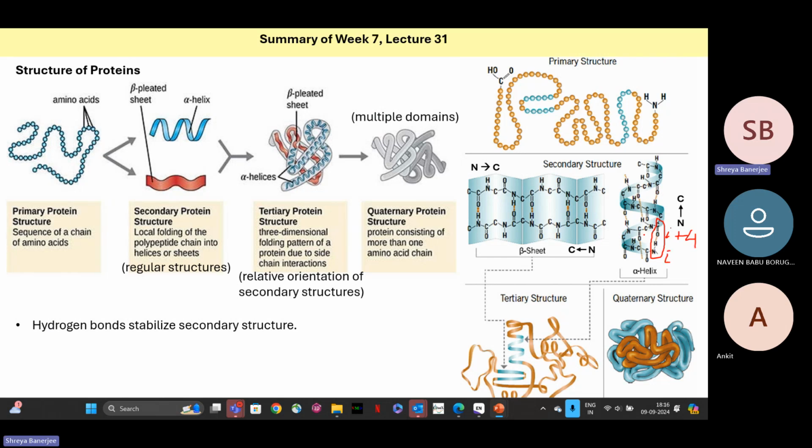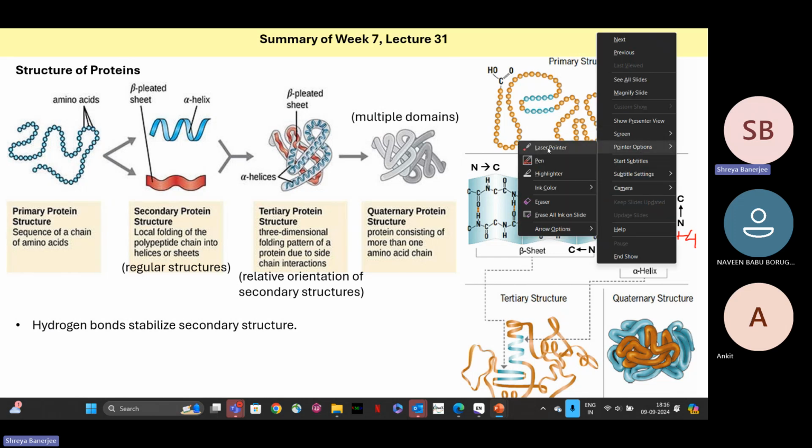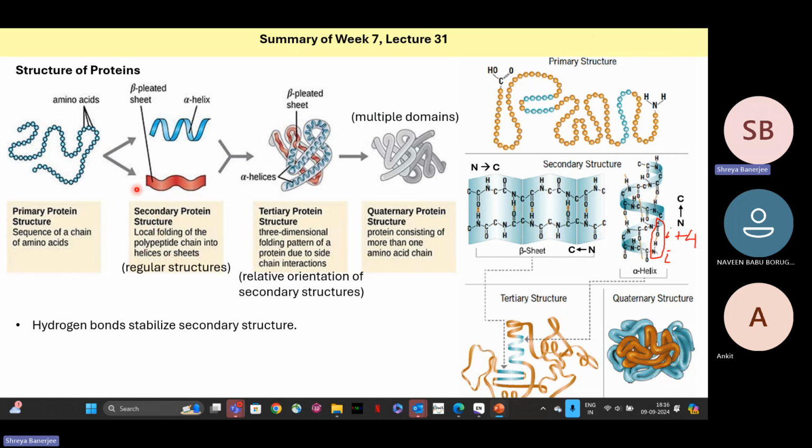This kind of repeated hydrogen bond between I+4 and I leads to the formation of the alpha helix. So in secondary protein structures, there is repetition of local interactions and a kind of ordering of structure. Another kind of secondary structure is the beta sheet.